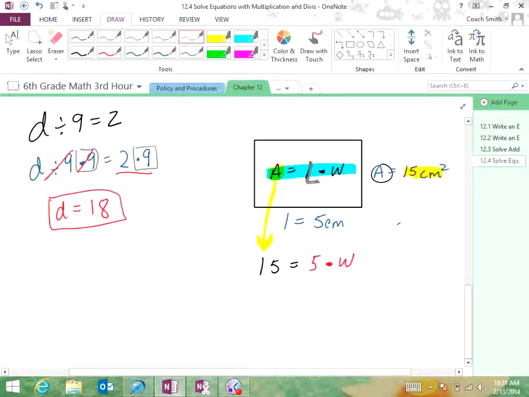Now, this 15 is going there. This 5 is the length, so it goes there. All that I have left to find is the W. So I have an exact problem like we've been solving up to this point. So I solve it.